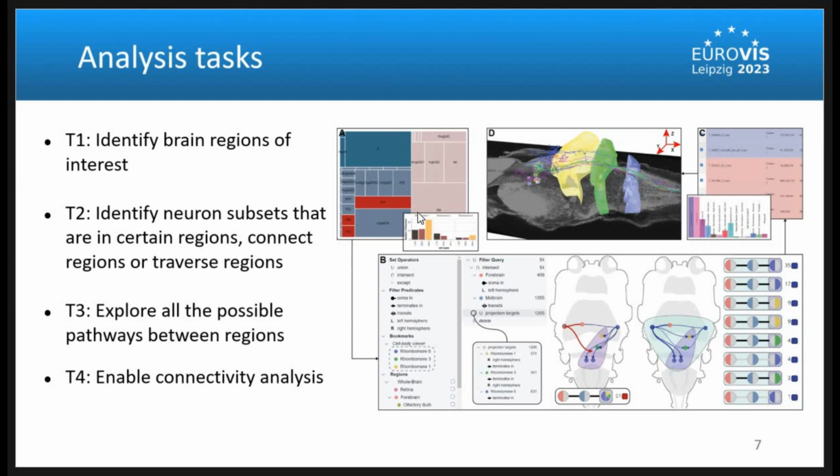across brain regions. Next comes the query builder, as shown in the left portion of figure B, which allows the user to identify neuron subsets.